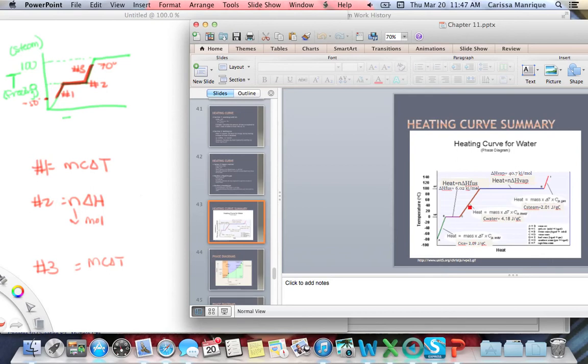Now above 0, from 0 to 100, any temperature between there, that's when it's liquid water. So now we're looking at a liquid, so the heat capacity, the C, is now 4.18 because we're looking at a different phase. We're looking at a solid versus a liquid, and so the energy associated with that is different. So they have different C's.